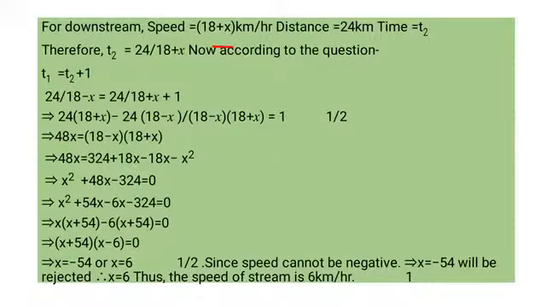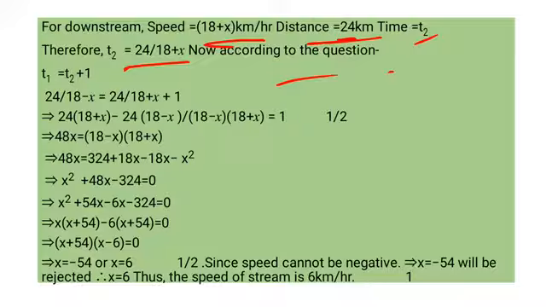For downstream, speed is 18 plus x km per hour, distance 24 km, time t2. Therefore t2 is equal to 24 upon 18 plus x. Now according to the question, t1 is equal to t2 plus 1.